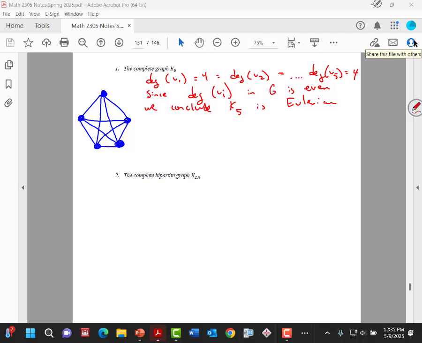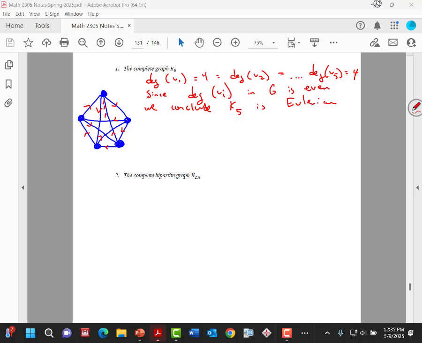To draw it in a directed fashion, I could go like so, here, and then here, and then here, and then all the way back to where we started.